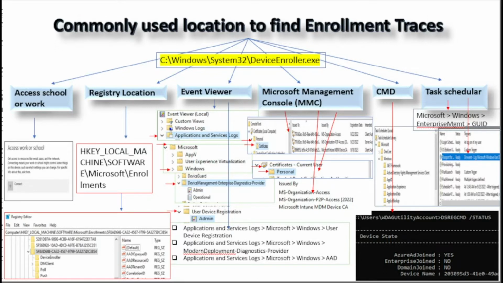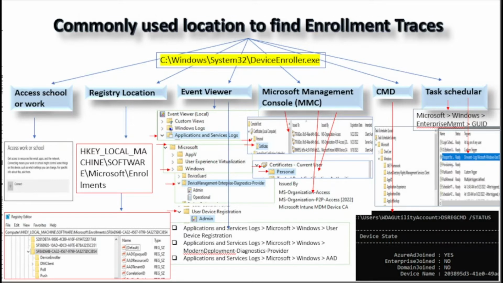In the case of user-based enrollment, the user needs to go to Access school or work and then enroll the device based on the requirement. They can either use enroll device in MDM only, or they can use Azure AD join or even the Azure AD registered option.